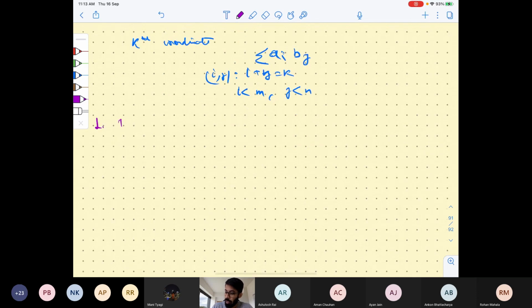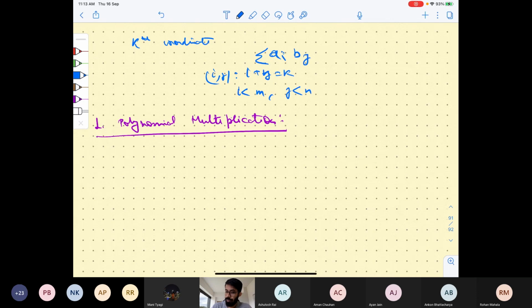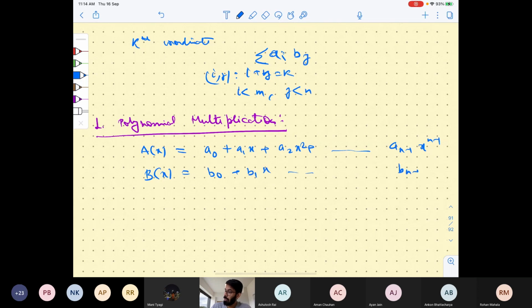So the first one is polynomial multiplication. Suppose we are given a polynomial A(x) equal to, let's say, a0 plus a1x plus a2x squared, up to a(n minus 1) x to the n minus 1, and you are given B(x) equal to b0 plus b1x, and so on, up to b(n minus 1).